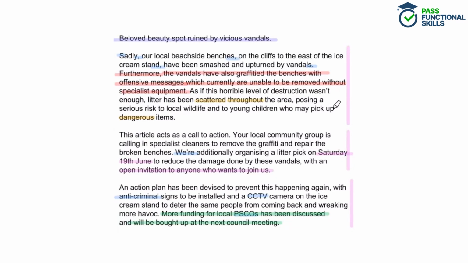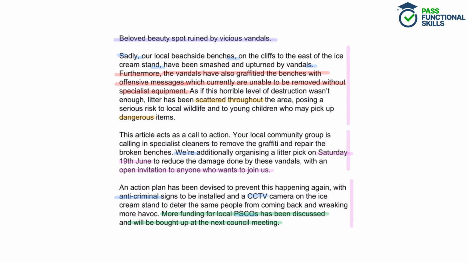This answer doesn't include very many organisational features, apart from a heading and some paragraphs. But you could also use subheadings. You could include the author's name, perhaps text boxes or bullet points, just to show the examiner that you know how to organise your writing effectively. But as a bare minimum, make sure that if you're writing an article, you are using a heading and you are using paragraphs throughout your answer.